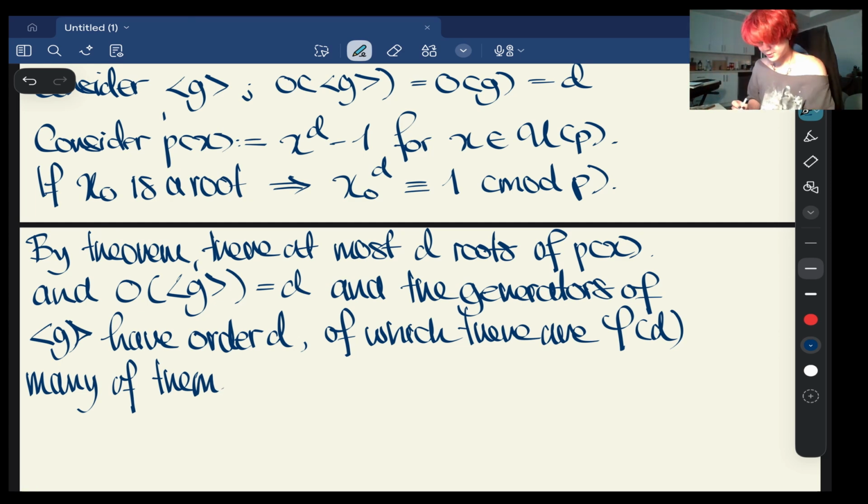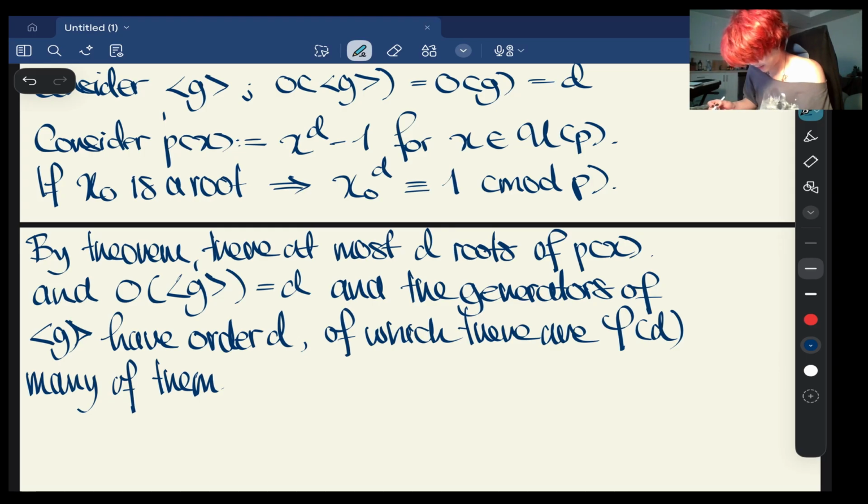Yay! So this is kind of slick, because we have a theorem that says that the number of generators in any finite cyclic group is just the Euler function of the order of the group.